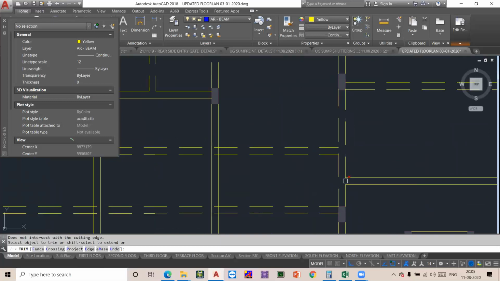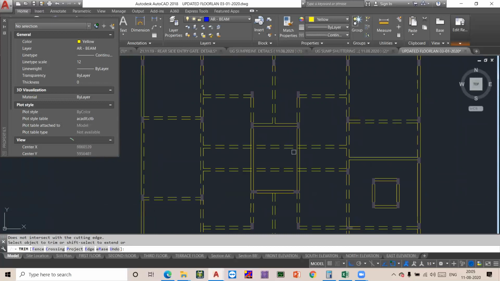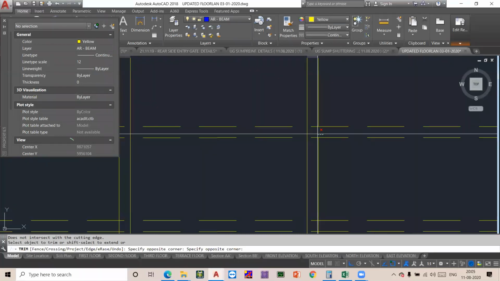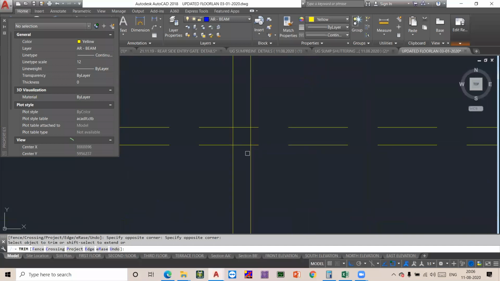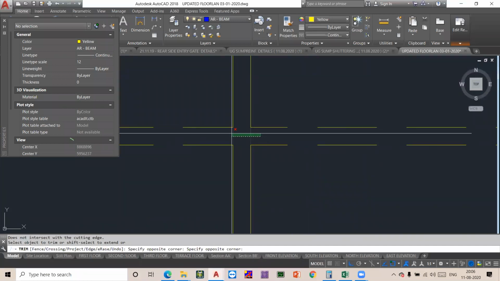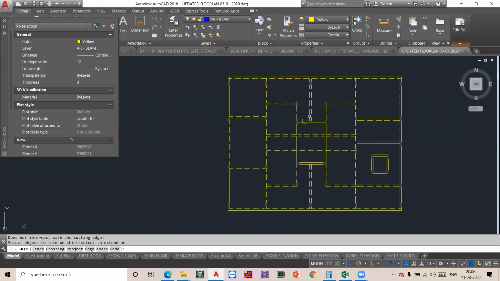So this is the way to indicate your beams, the beam layout. This fine tuning can only be done on the outside.